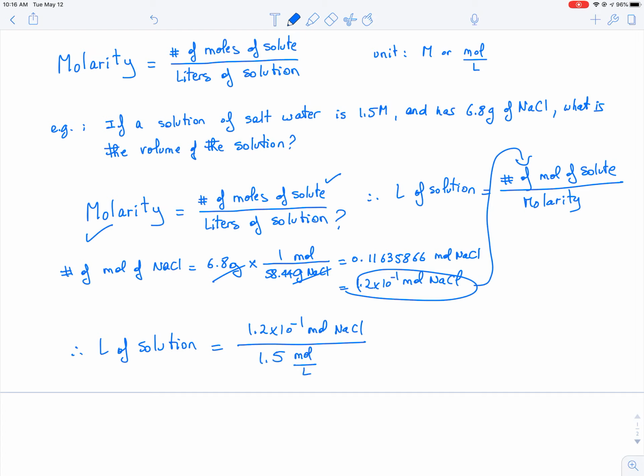I like to use this unit because you can see that you're left with the unit you're looking for. So I'm going to divide this by 1.5, and it gives me, with 2 sig figs, 7.7 times 10 to the negative 2 liters, which is also 77 milliliters. Okay, so that's an example of molarity.